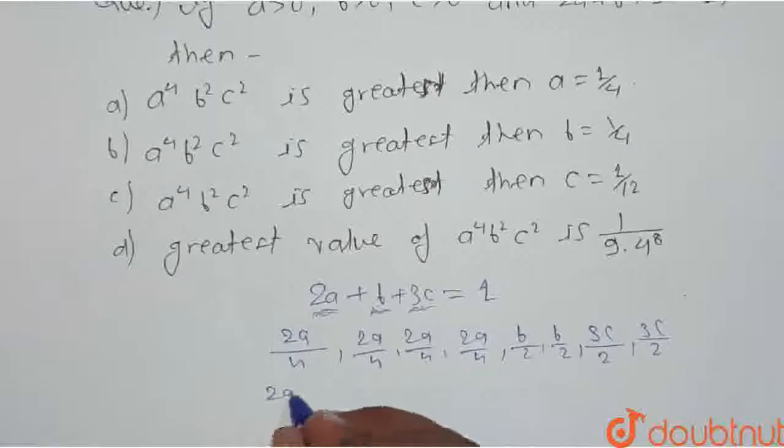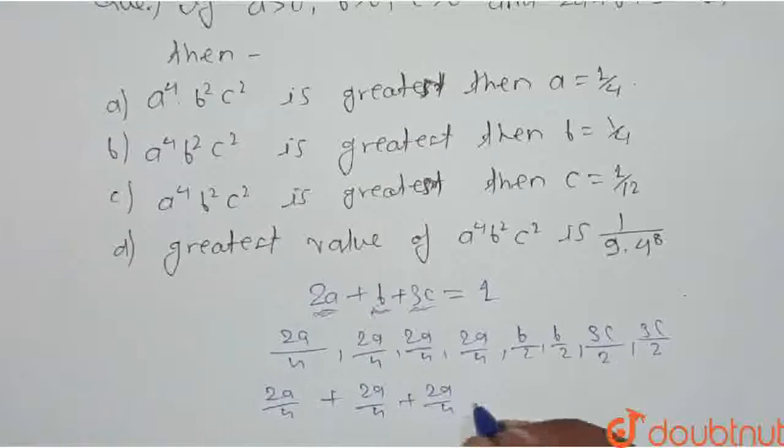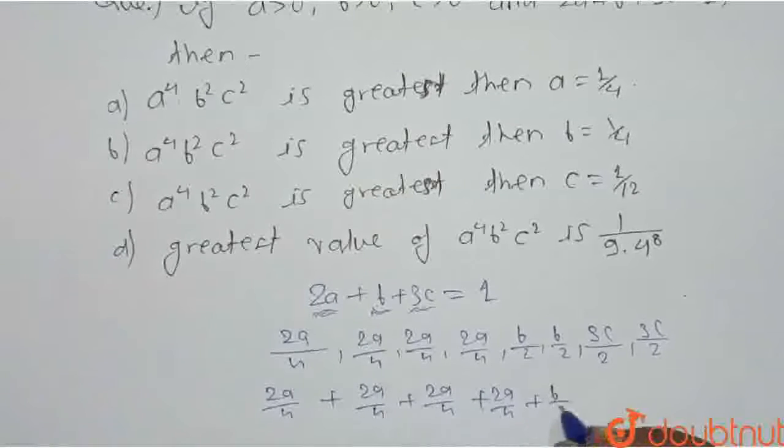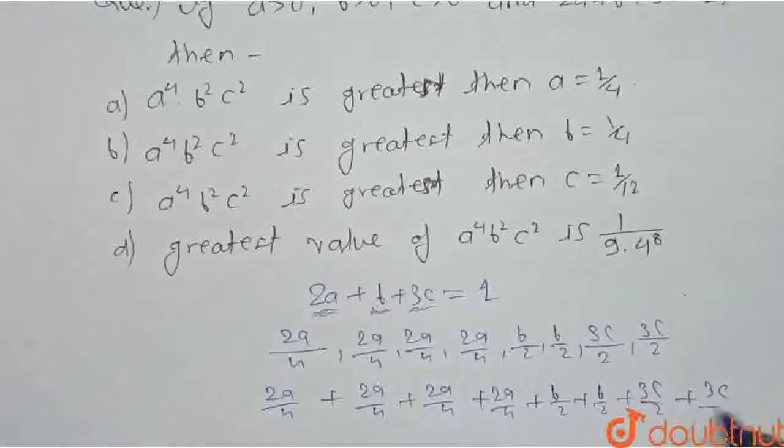We can write 2a by 4 plus 2a by 4 plus 2a by 4 plus 2a by 4 plus b by 2 plus b by 2 plus 3c by 2 plus 3c by 2. The number of terms here: 1, 2, 3, 4, 5, 6, 7, 8. The number of terms is 8.